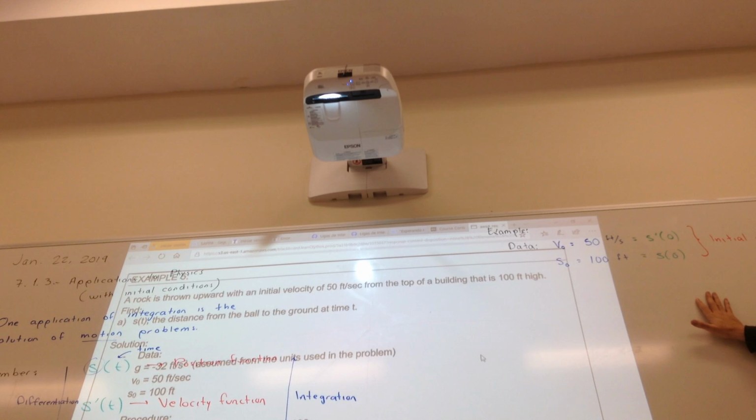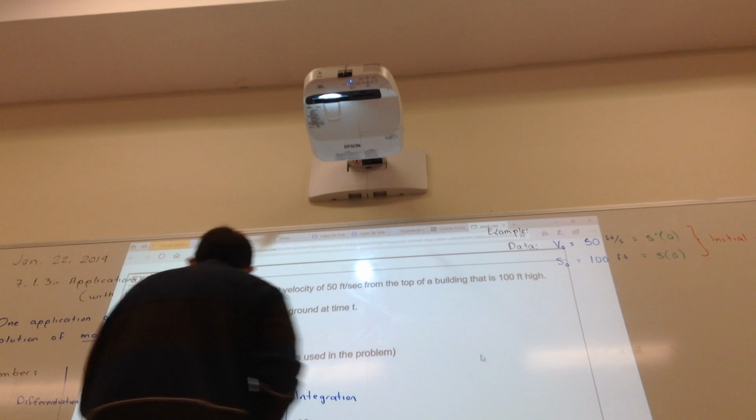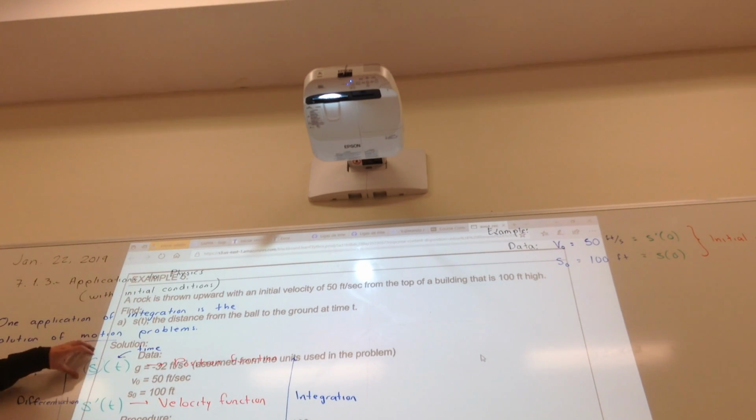Now, can I start my problem now? Can I find the position function? I'm missing something. I'm missing the function that I'm going to integrate, right? So, which one is it? I have an initial condition for this, an initial condition for this. I need this. Do I have it? Yes. It's implicit. It's a free-fall problem, like the ones I showed in physics.